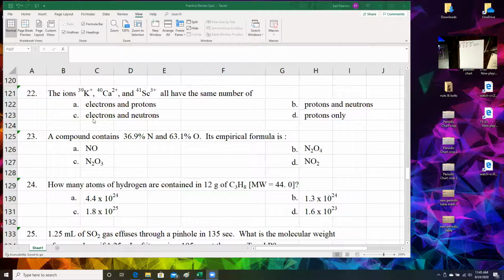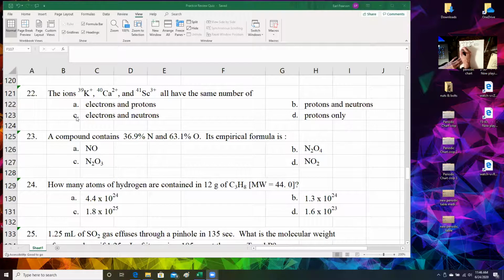I should have thought about that first. If I looked at my answers and saw protons, I should know that if you've got a different symbol, you've got a different number of protons, because that's what the symbol represents. So they can't have the same number of protons. That eliminates 3 of the 4 answers. The only answer possible is C. Okay, so that wasn't so bad.